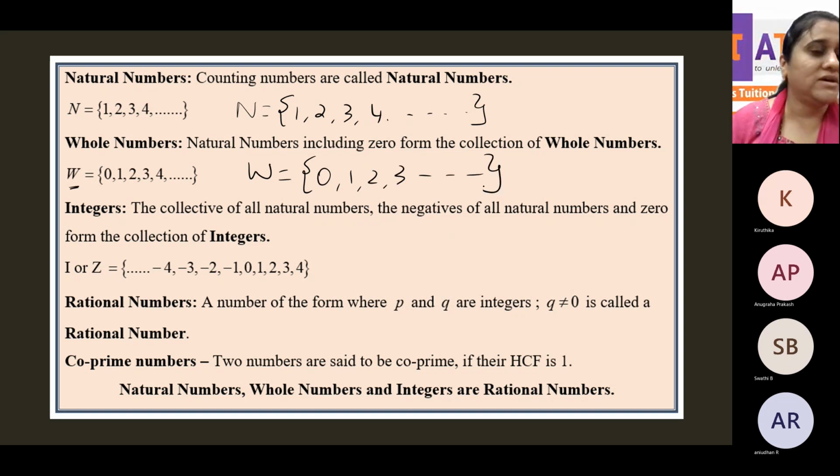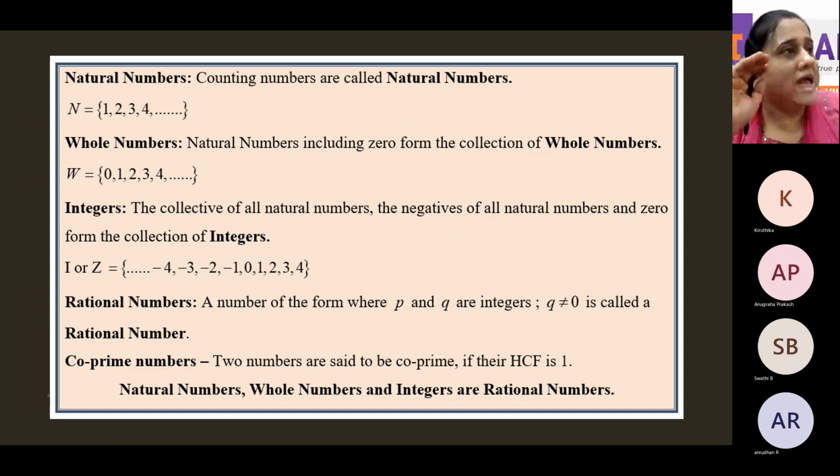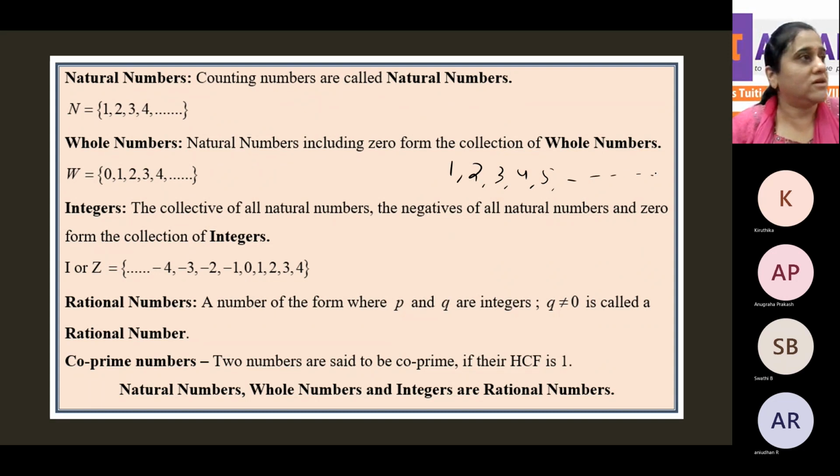Integers. Integers are the collection of all natural numbers, their negatives and 0. Listen to me carefully. What are integers? Integers are all natural numbers, look at the board, all of you: 1, 2, 3, 4, 5, goes on like this.